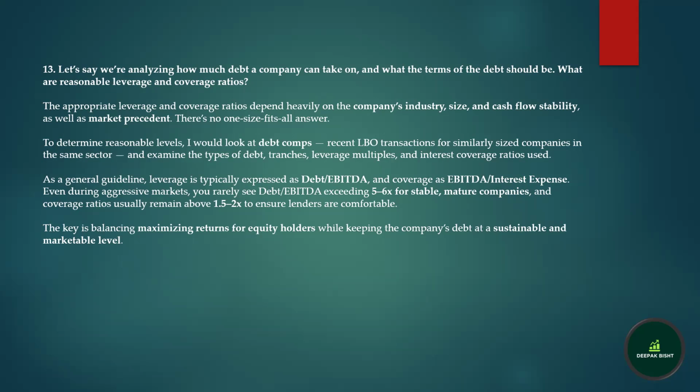You start with the principle that cash flow dictates leverage, meaning the lenders care about one thing only: can the company service its interest and mandatory payments in both good and bad years? So leverage levels must reflect cash flow stability, cyclicality, capital expenditure intensity, customer concentration, and margin volatility. So a software business can support far more leverage than a manufacturing or a retail business.